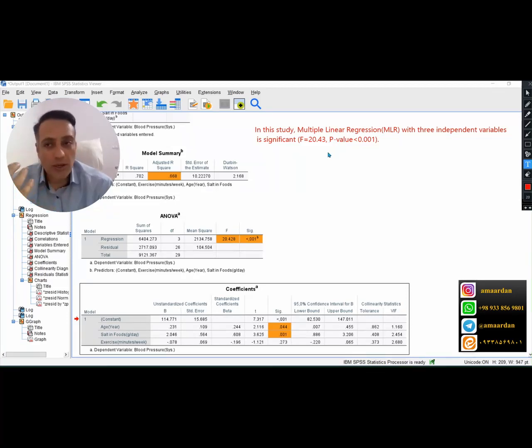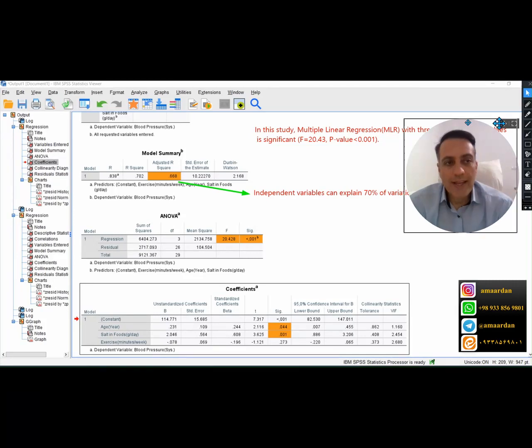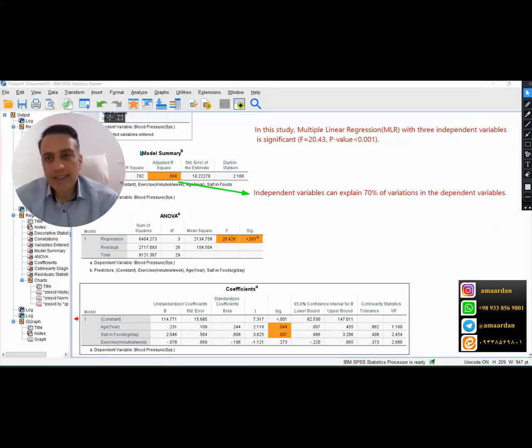Another sentence is about adjusted R-squared. Adjusted R-squared is a goodness of fit index, and in your model it is about 70%.